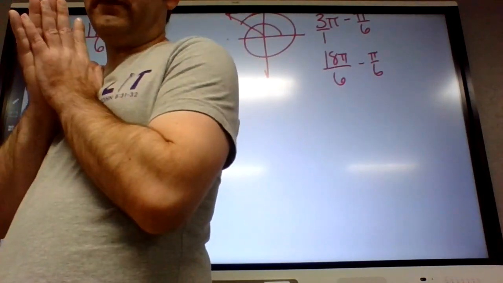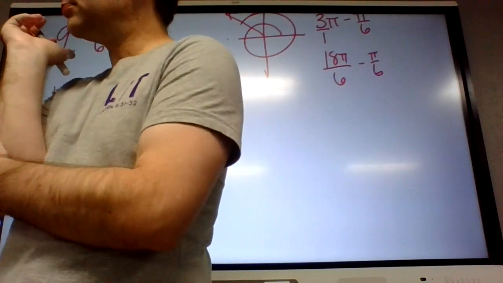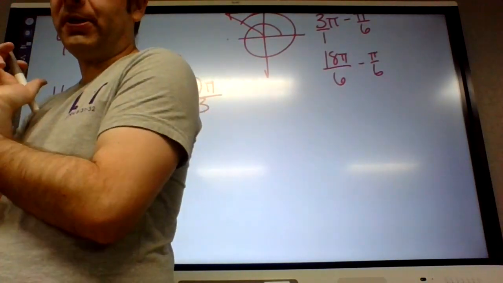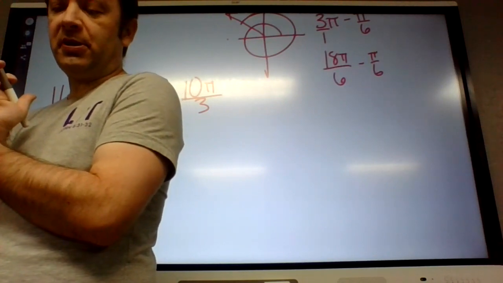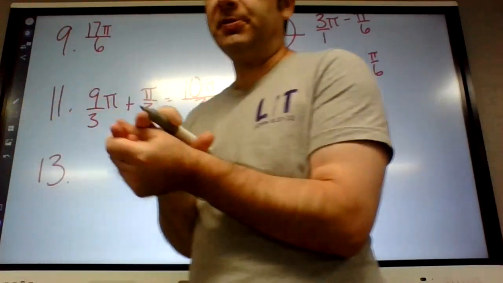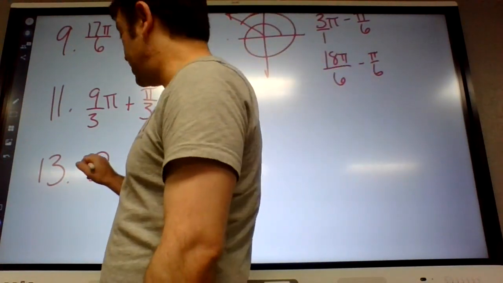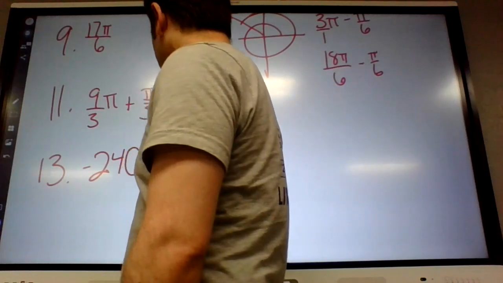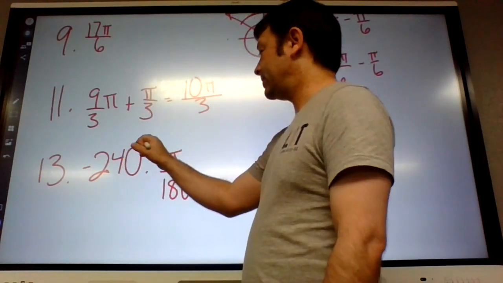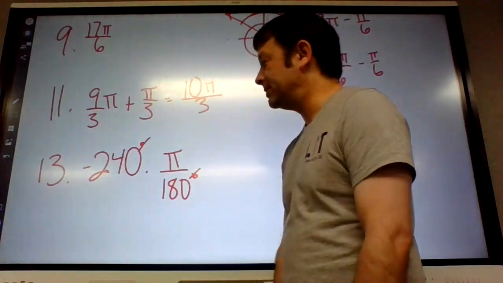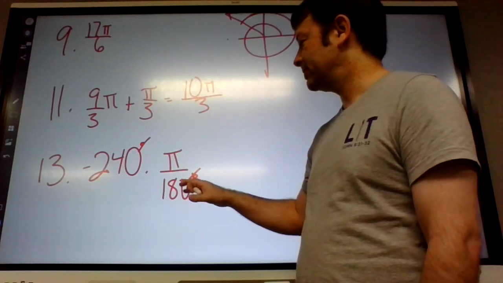Okay, convert to radians. Do you guys remember the radian converter? 180 over pi? It is 180 over pi, yes. Some of them are degrees to radians, some of them are radians to degrees. For degrees, it's the other way around, it's pi over 180, because you want to cancel out the degrees part and multiply in the pi part.